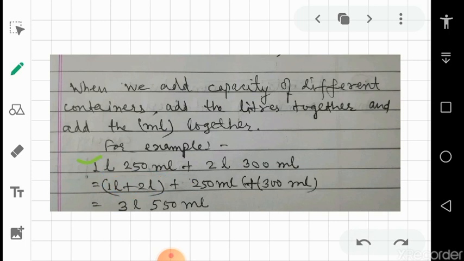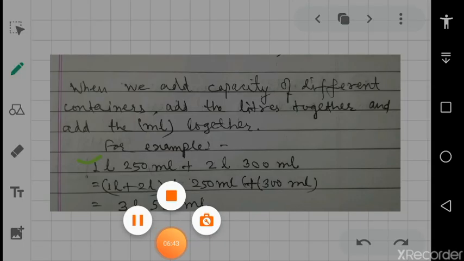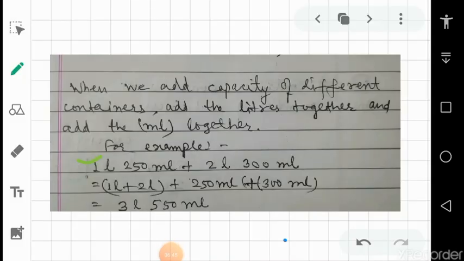See some examples which are value based. When we add the capacity of different containers, add the liters together and milliliters also together. Now what is the meaning of this? See the example. If we are adding 1 liter 250 milliliter, the first value, and 2 liter 300 milliliter, the second value, then we will add all the values which are in liters.